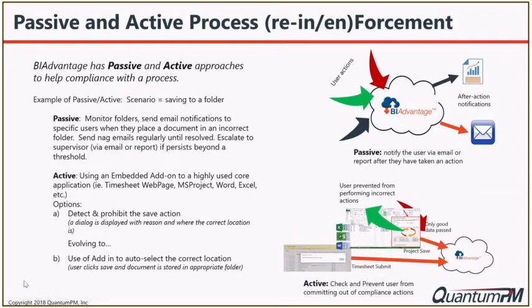Other things you want to look at when you're dealing with multiple sources of data and trying to get really timely data is to make sure that you're looking at things both from an active perspective, preventing problems from coming into the system, as well as that passive perspective of sending out notifications when things are late. So other ways to look at things and prevent errors from coming into the system are also very important.